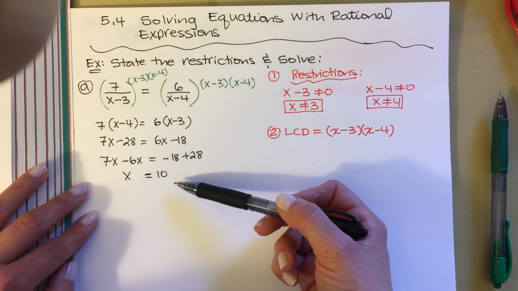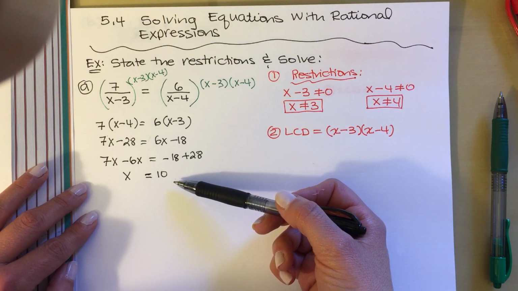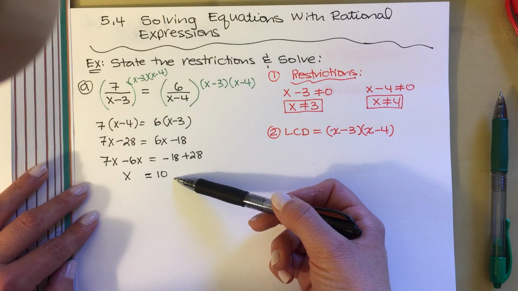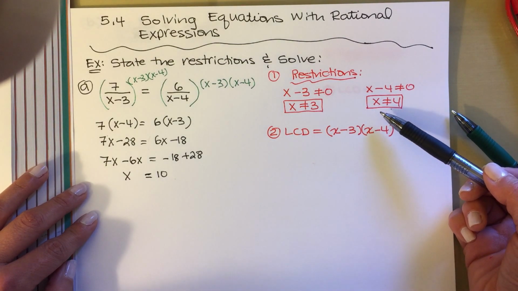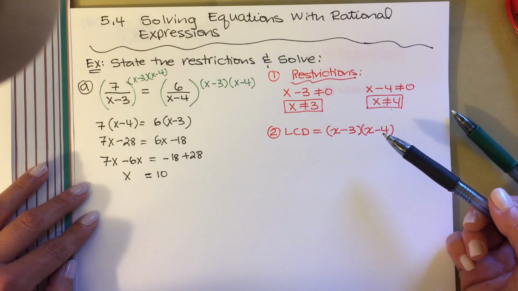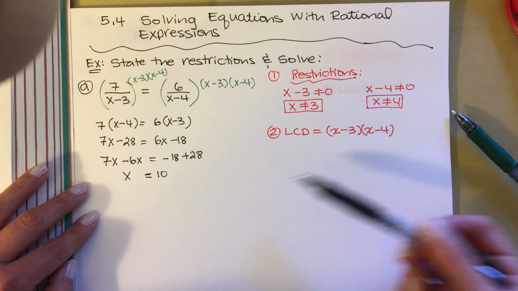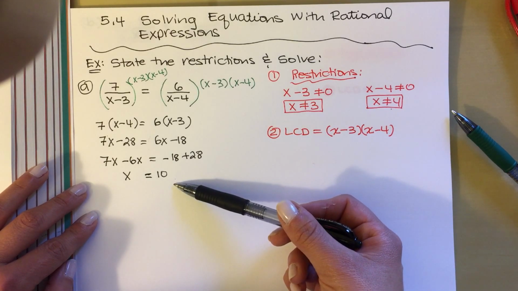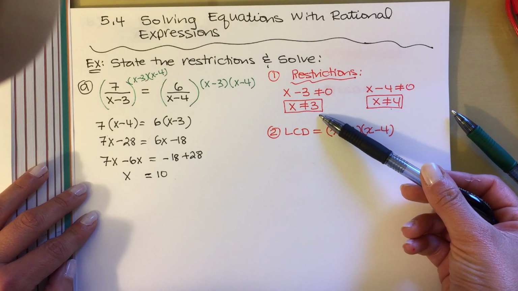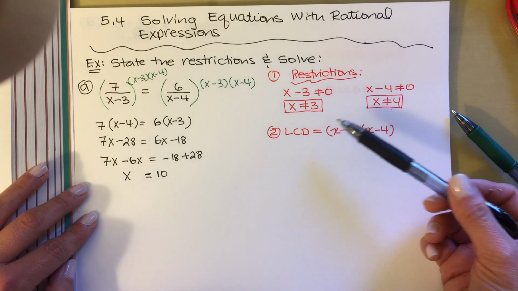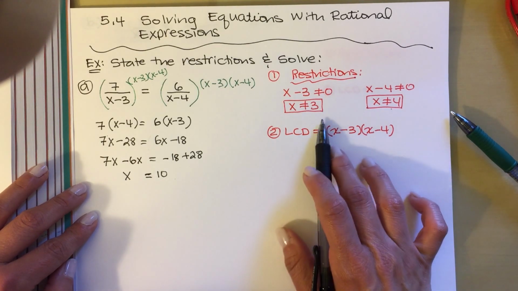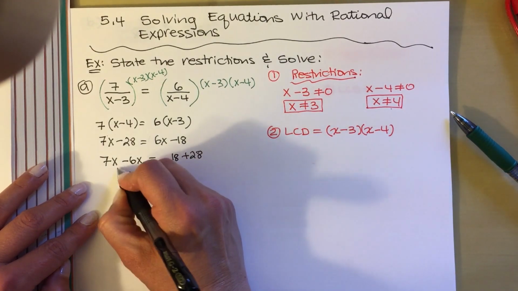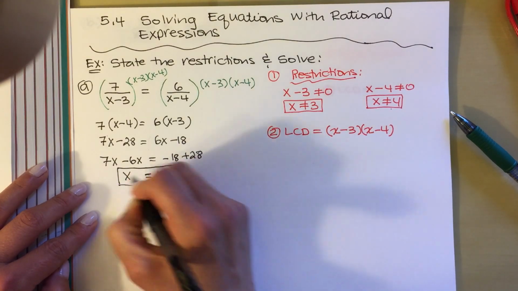When you get your final answer, you need to go back and make sure that the answer you have is not the restricted values. If it is, then we don't use that solution. So sometimes when you solve, you might get a solution that is a restricted value. You can't have that, and so you would say no solution. But in this case, 10 is not 3 or 4, so this solution works.